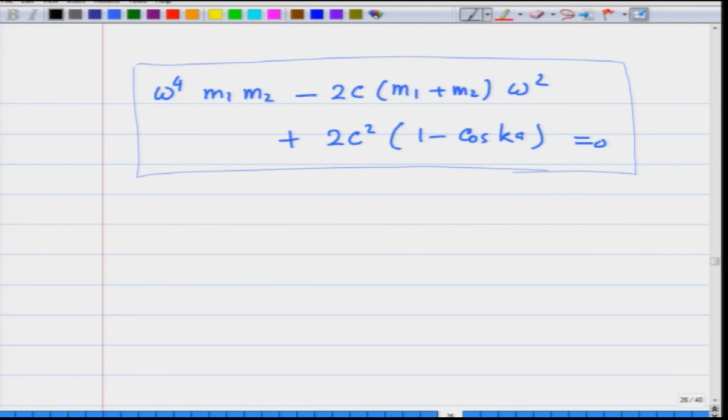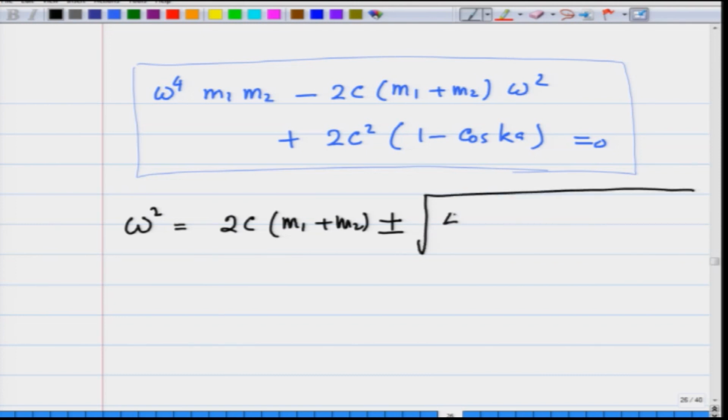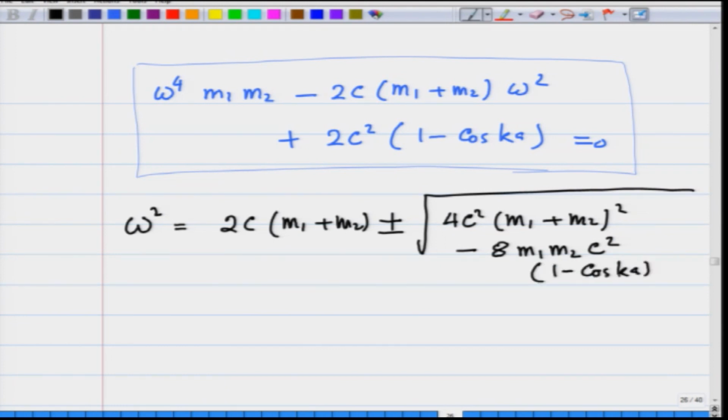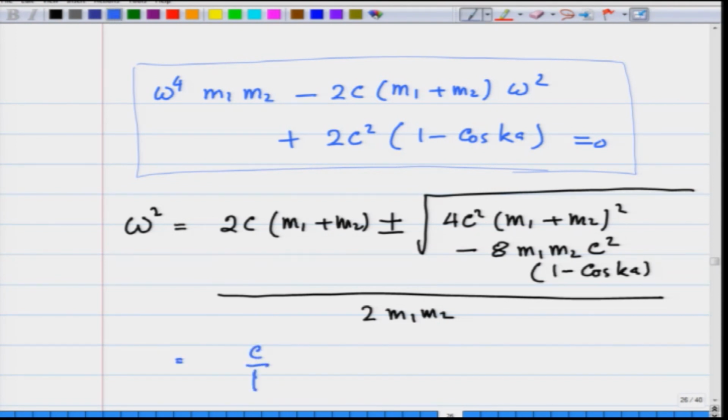So, this is a quadratic equation in omega square, and therefore, I can write the solution as omega square is equal to 2c (m1 plus m2) plus or minus square root of 4c square (m1 plus m2) whole square minus 8 m1 m2 c square (1 minus cosine of k a), this whole thing divided by 2 m1 m2, which can be simplified to c over mu plus or minus, I will take 4c square out from there and you get 2c.